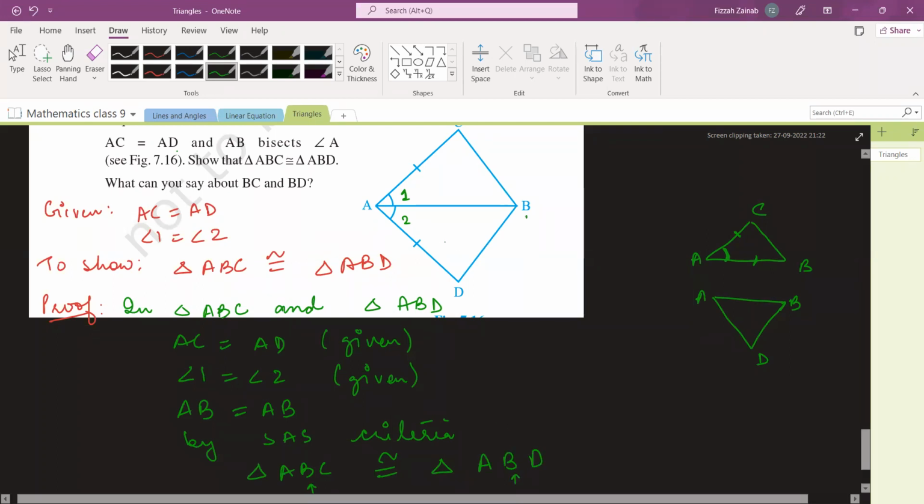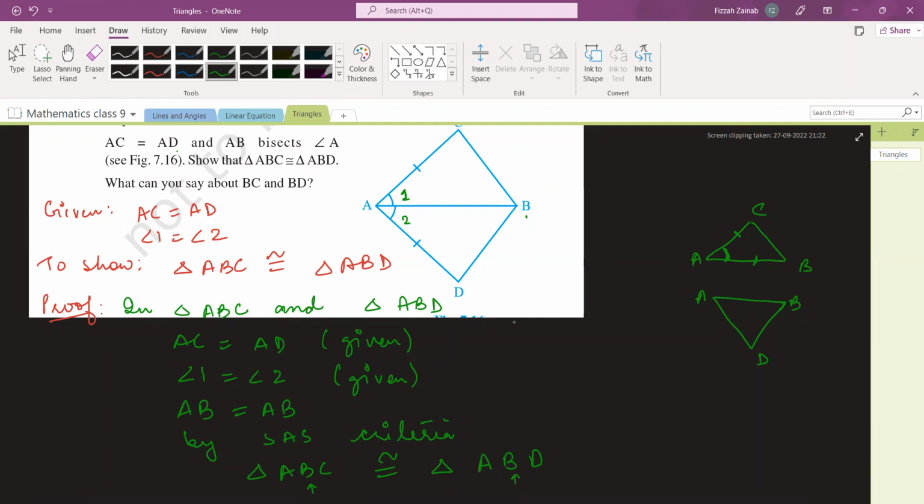So ABC, ABD, same way you have to name. So first of all, we will see whatever things are equal in the triangle, and then we will see which criteria it satisfies. So we will name that criteria. So basically we are using this theorem, okay? So by this theorem, we can say that the triangles are congruent. So anyway, I'll stop here. Just go through all the criteria and then we will be doing exercise 7.1 in the next class.